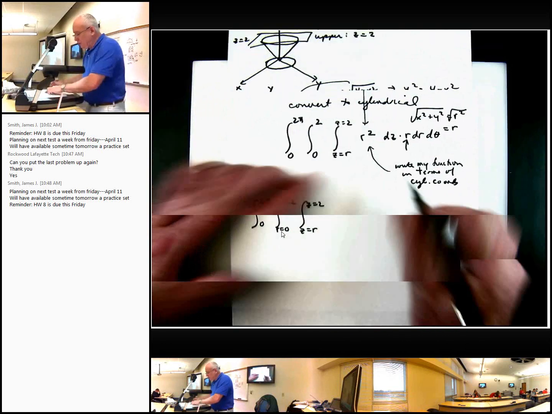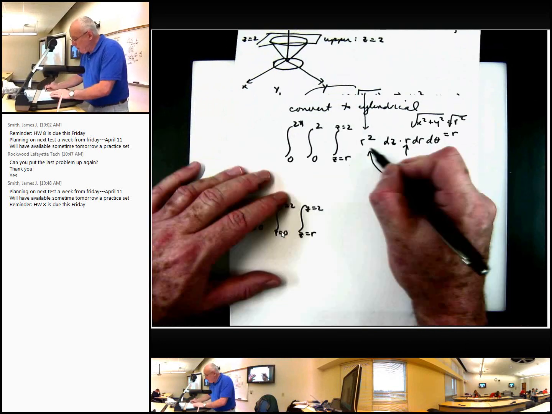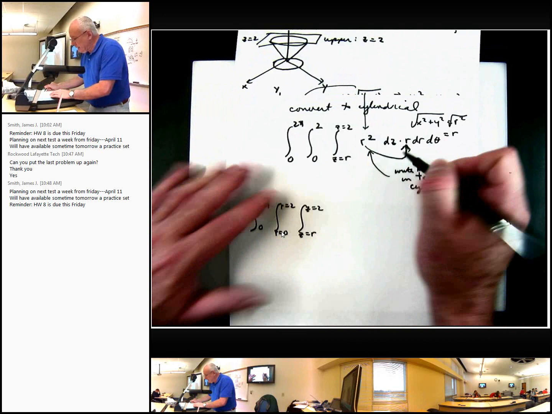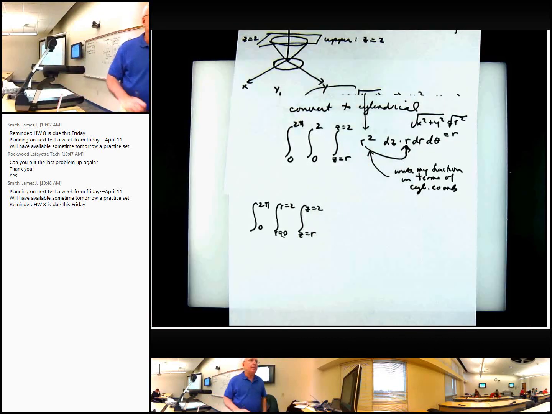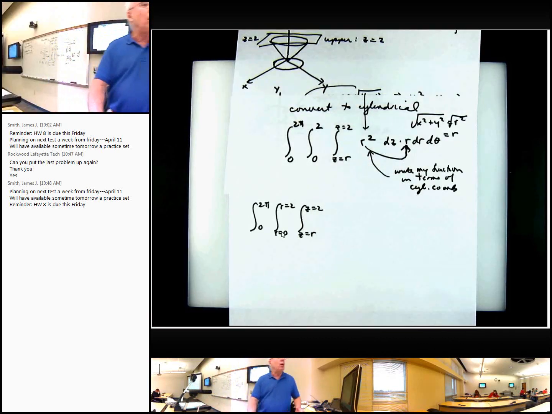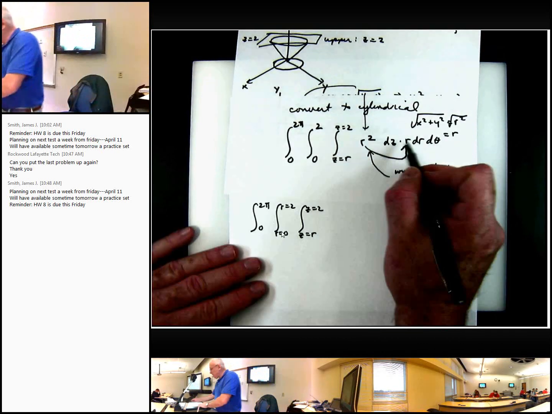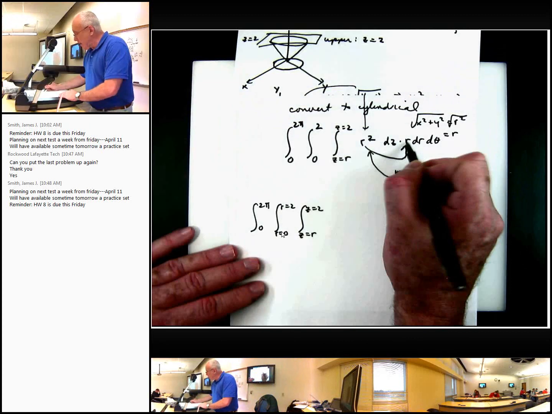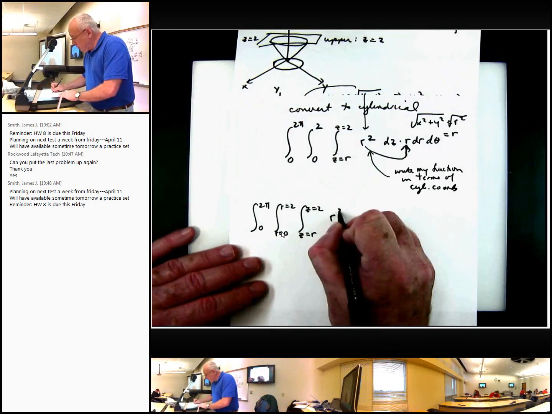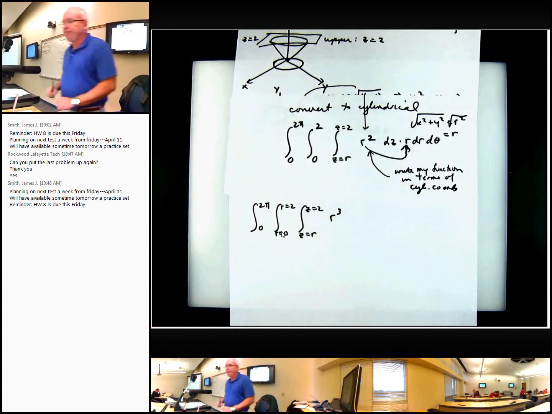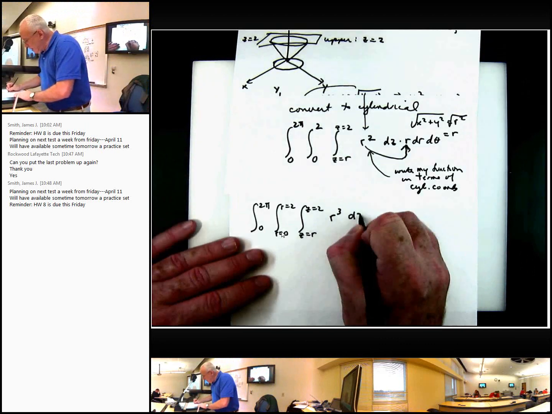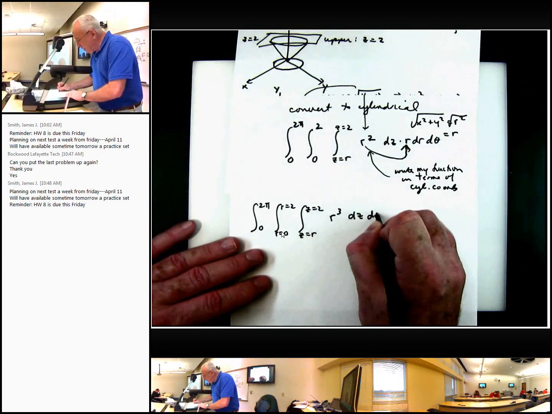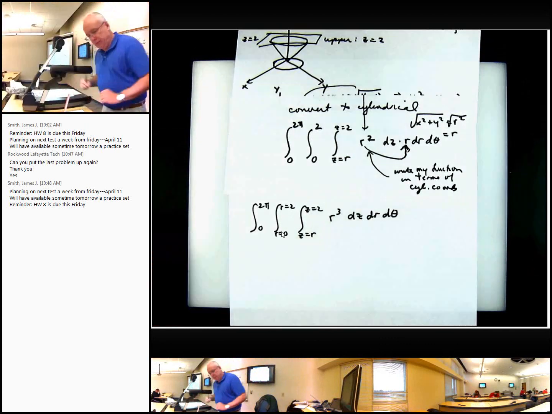Now, my function was r squared, but I do not want to forget that I have that r d theta, so I don't want to omit that r. So right away, I'm going to multiply my r squared by that r, so I'm integrating r to the third power. And then we have dz, dr, and d theta. So it's now set up.